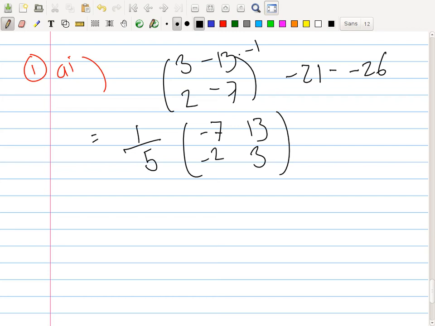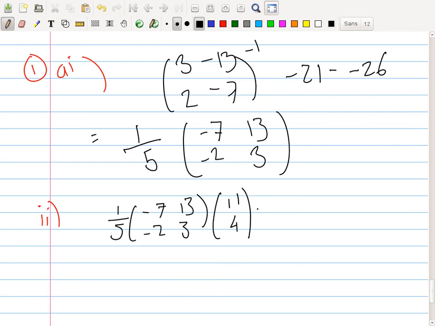Now the next part, part 2. They want you to use your matrix to solve a system. You take the inverse, and then multiply it by the 2 numbers at the end, which in this case are 11 and 4. So that'll be 1 over 5 times minus 77 plus 52, and then minus 22 plus 12.